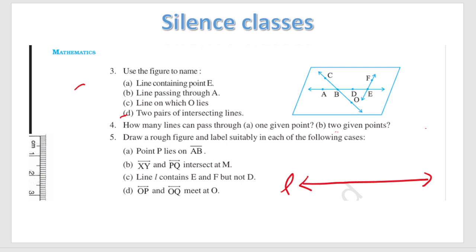The name of the line is L, containing E and F, means one point E is there and one point F is there. A line containing E and F but not D.